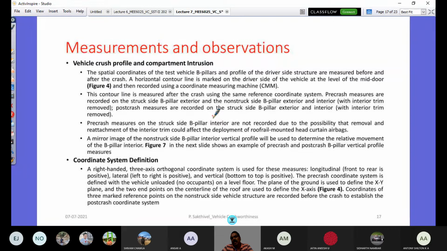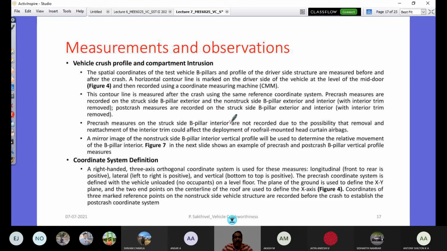That intrusion should be such that as the side impact happens, the deployment of side airbags should hold along with the airbag in the front, all together, and prevent the crash pulse from entering the occupant. But the side impact is worse than the frontal impact as far as the occupant kinematics in the vehicle is concerned.